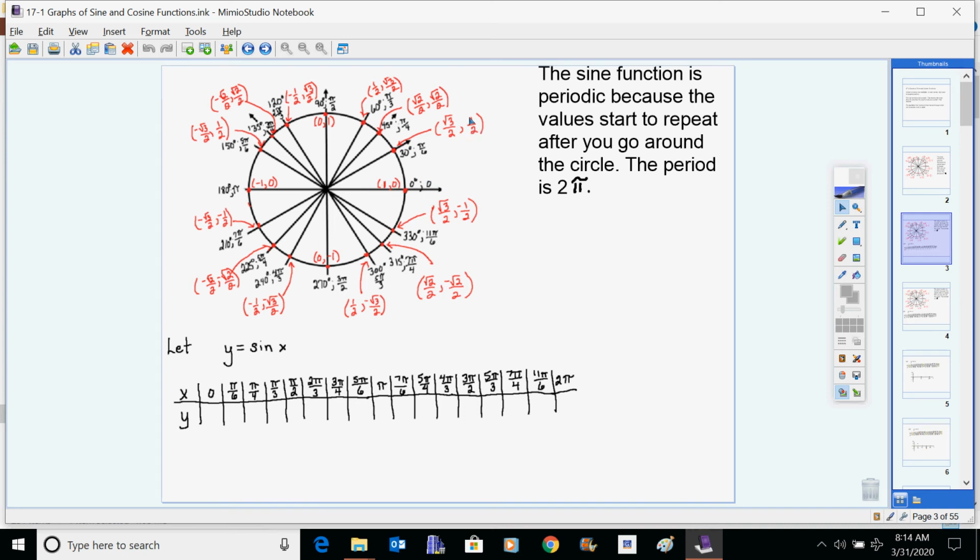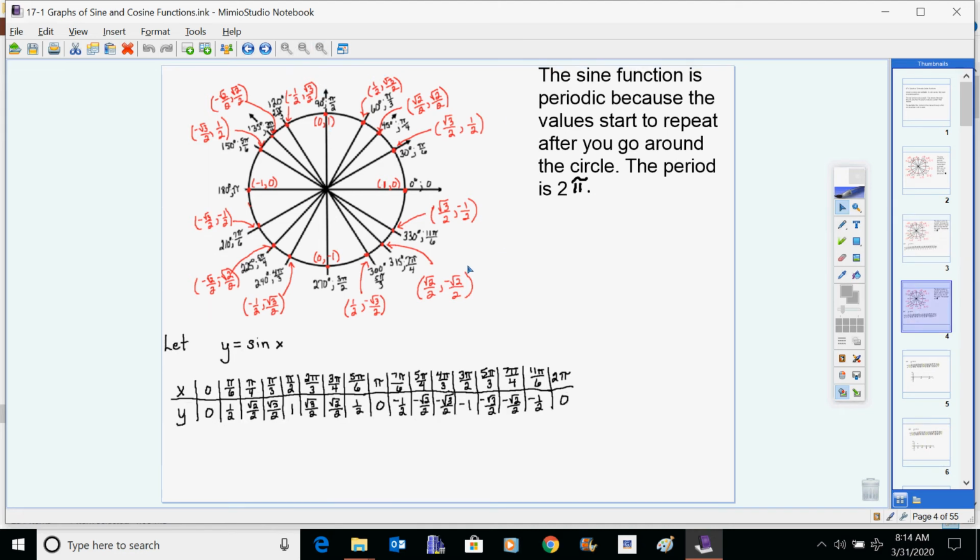As we go around, we get 0 for 0, then a half, square root of 2 over 2, then square root of 3 over 2, then 1, then square root of 3 over 2, and then square root of 2 over 2 goes with 3 pi over 4. At 5 pi over 6, we get a half.